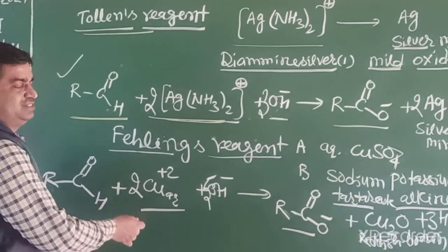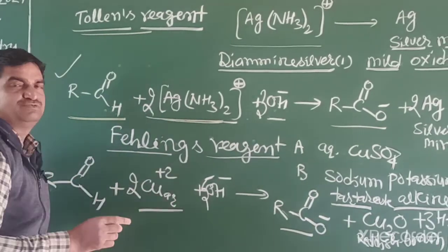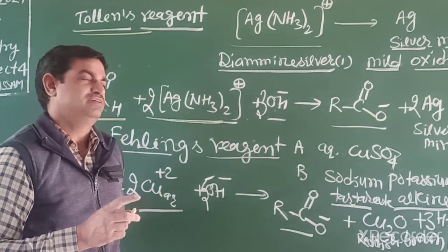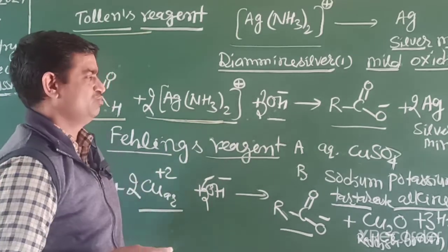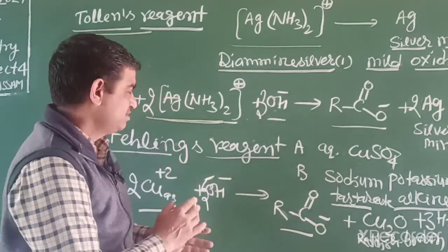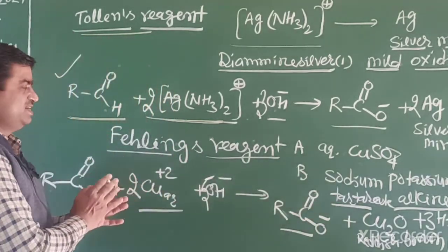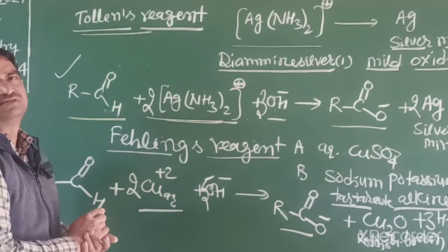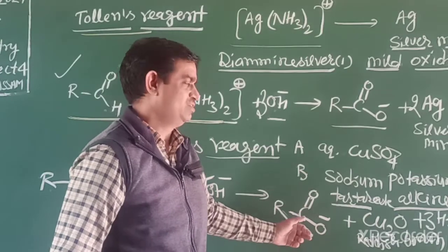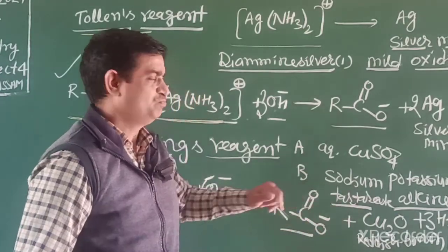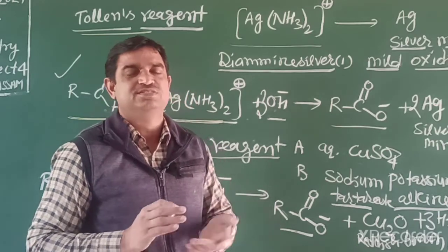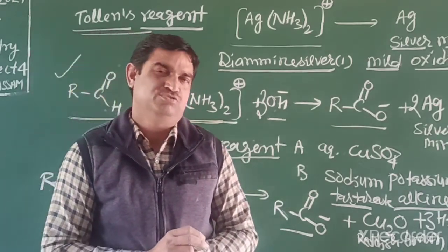Fehling reagent is of two types: Fehling solution A, aqueous copper sulfate, and Fehling solution B, sodium potassium tartrate, known as Rochelle salt, in alkaline medium. Combined, they give a dark blue color. When it reacts, the aldehyde changes into a carboxylic acid and a reddish brown cuprous oxide precipitate. So with these reagents we can distinguish aldehydes and ketones.